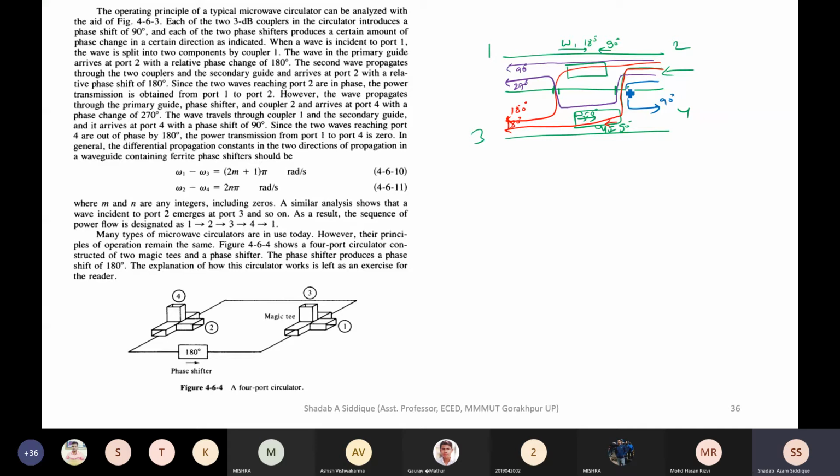And again, one more wave taken from this point comes to this phase shifter at 90 degree. Again, this will provide you 90 degree and this will give you 0 degree. So 90 plus 90, and we are having 0 degree, this one.